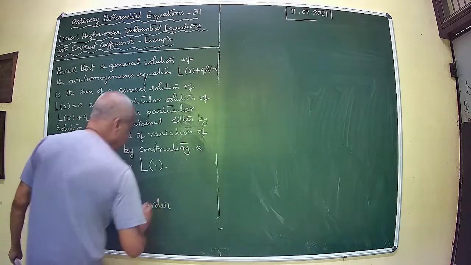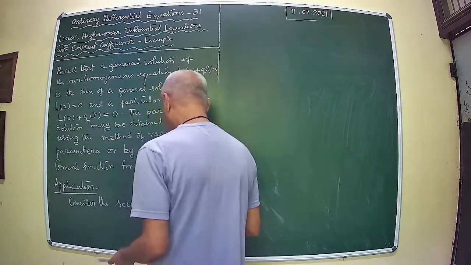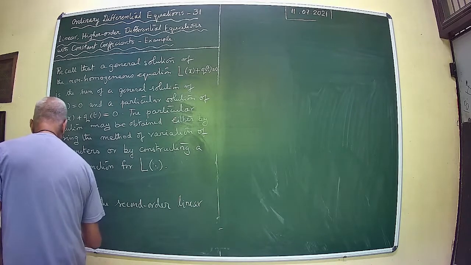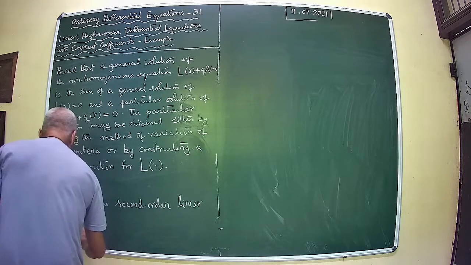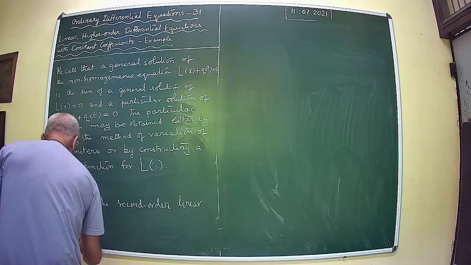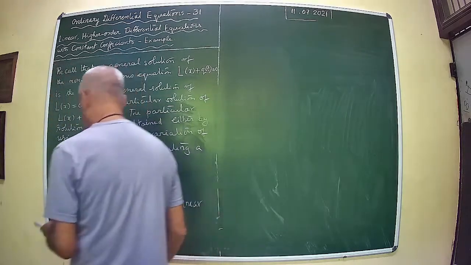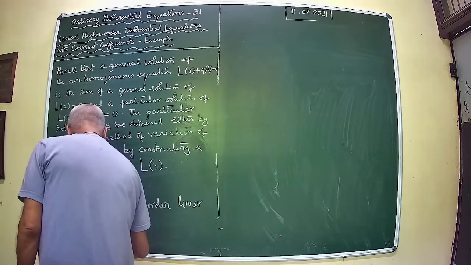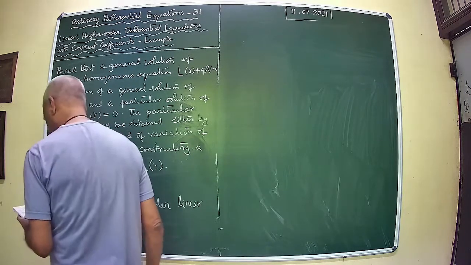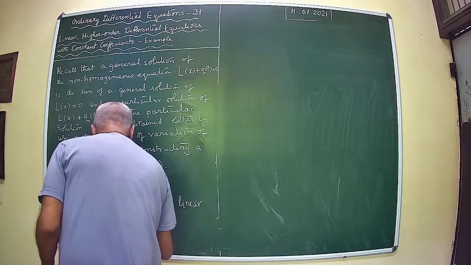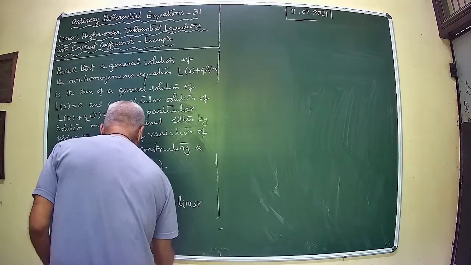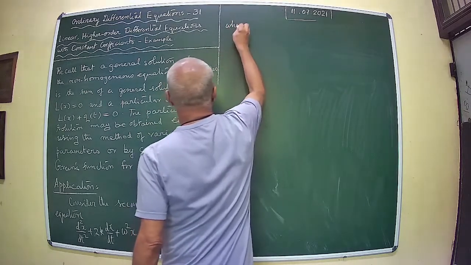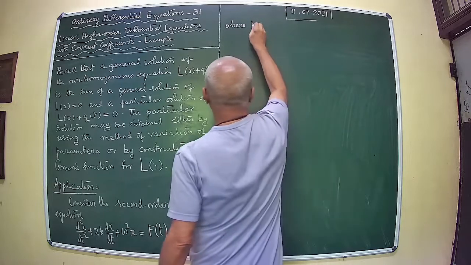Second order equation: x double dot plus 2k x dot plus omega square x equals f(t), where k and omega are constants.